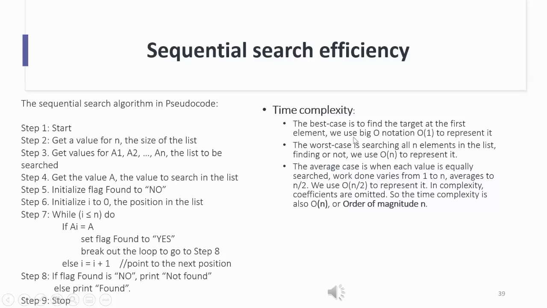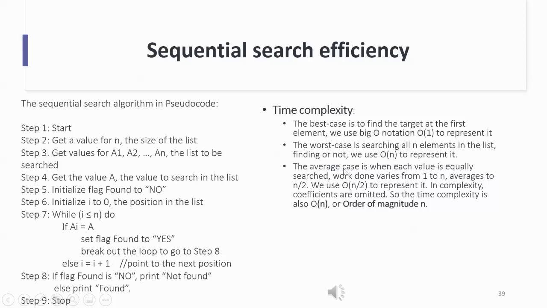We use big O notation to mark it, so we mark it as big O 1. That means just one step found it. And the worst case is we searched all the elements, compared all the elements in the list. We either found it or not found it, but we compared n values in the list. So we use big O n to represent the worst case.